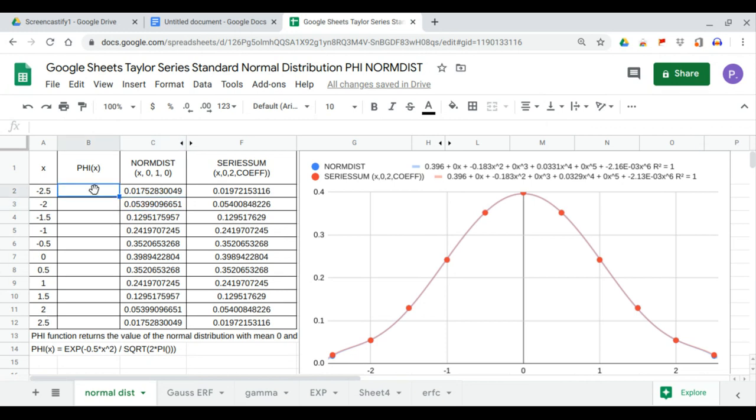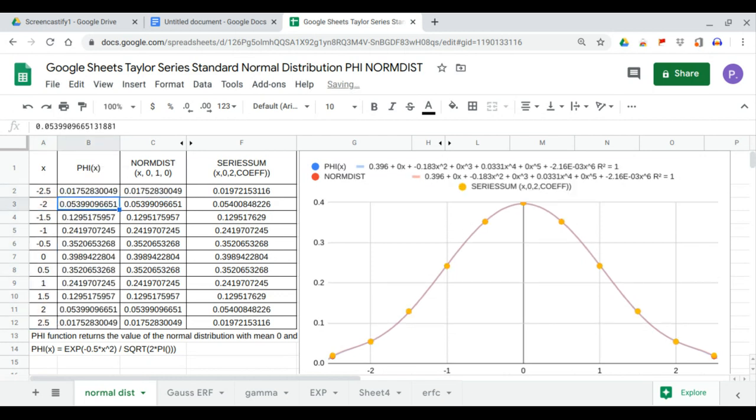Now we can add the phi function, which is our formula. Phi of the x values. Now it's still the same value. These two are exactly the same.